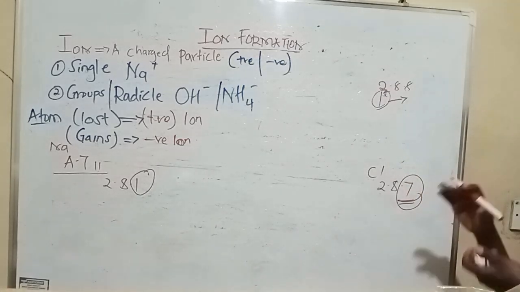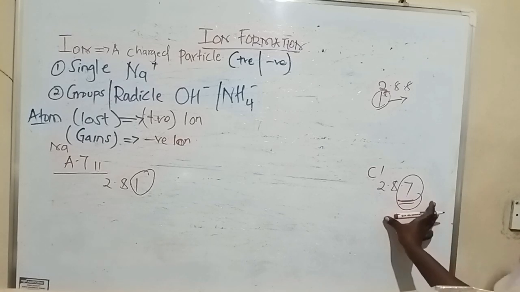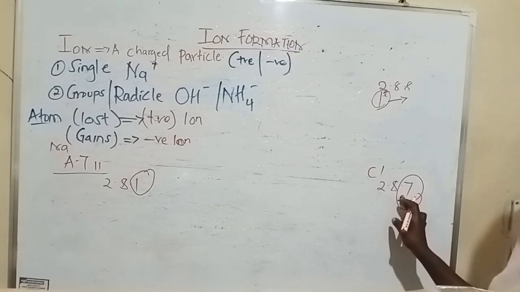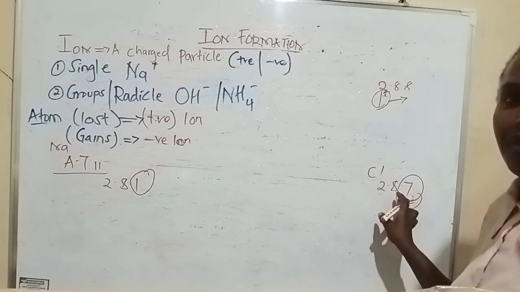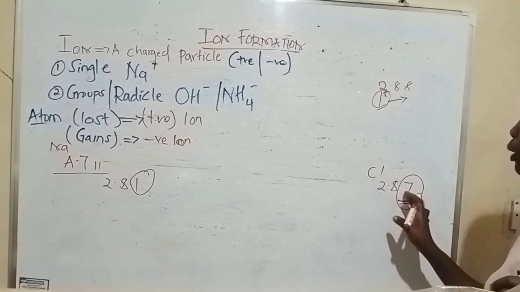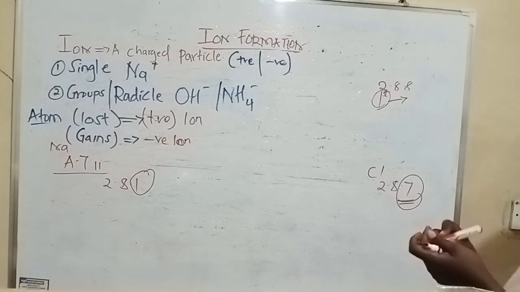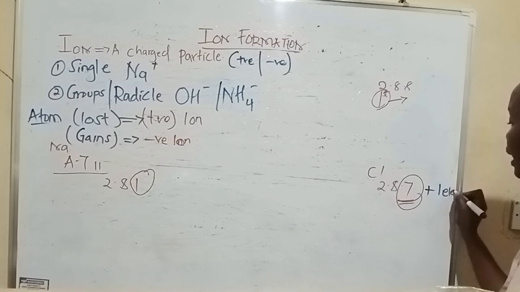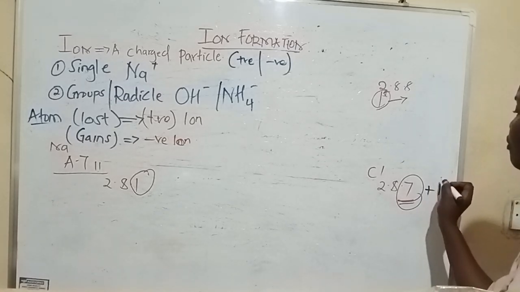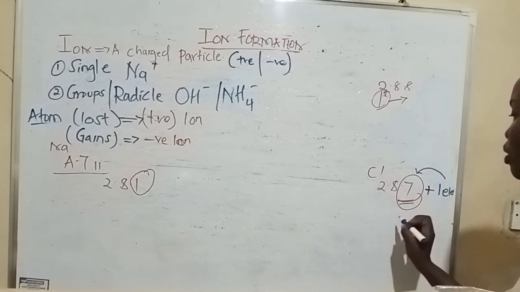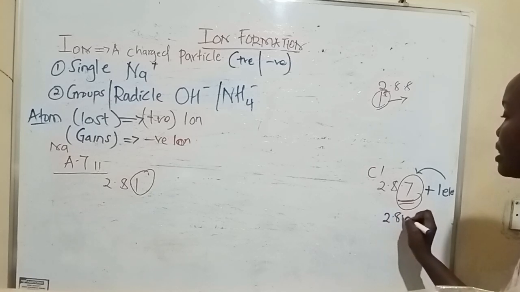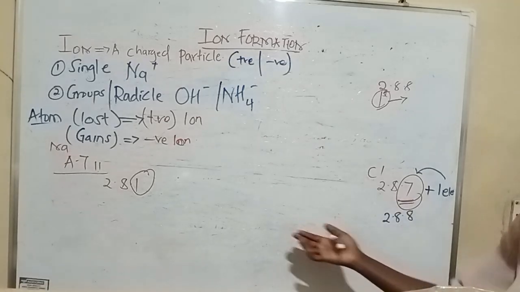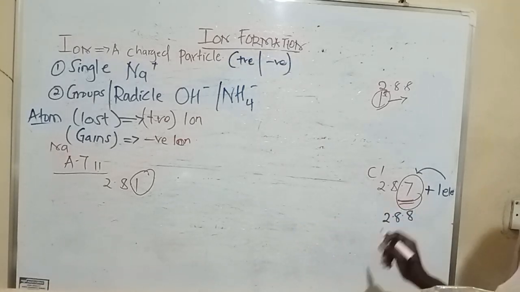In this case, chlorine has 7 electrons in its outermost energy level, so it is chemically reactive, meaning it is unstable. For chlorine to attain stability, we are going to add one other electron. It is easier for chlorine to gain an electron to be stable than to lose the 7 electrons, because we've said that the process of gaining or losing electrons involves energy.